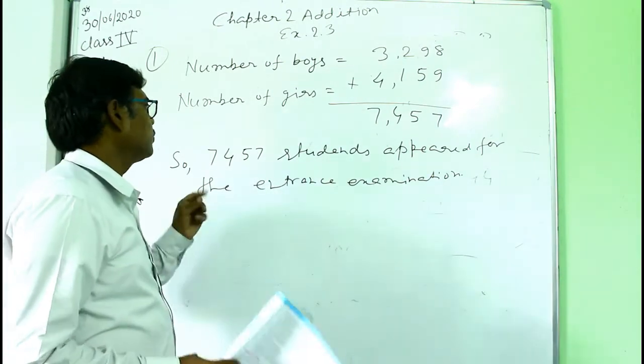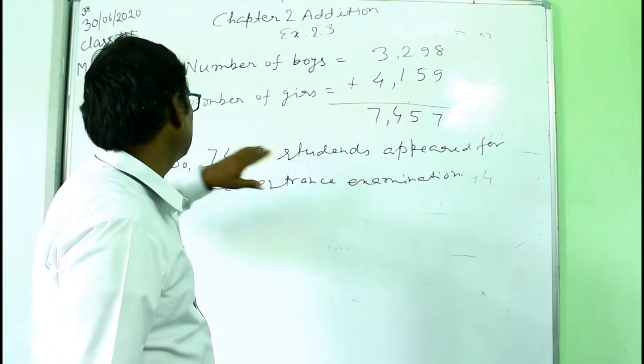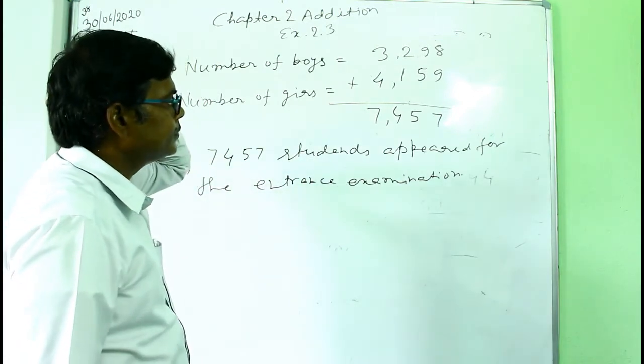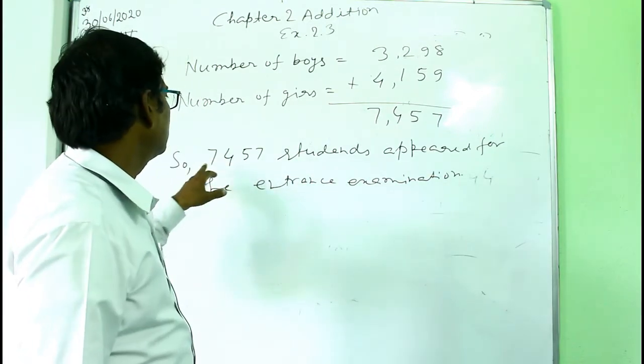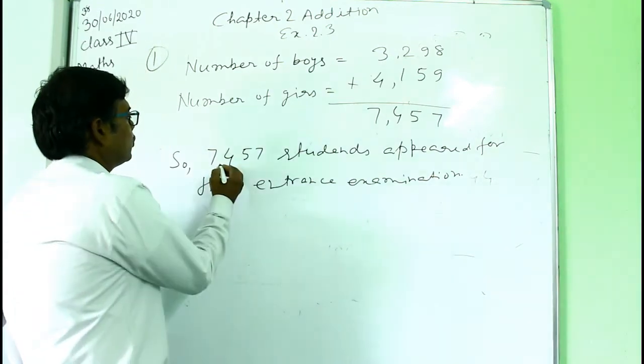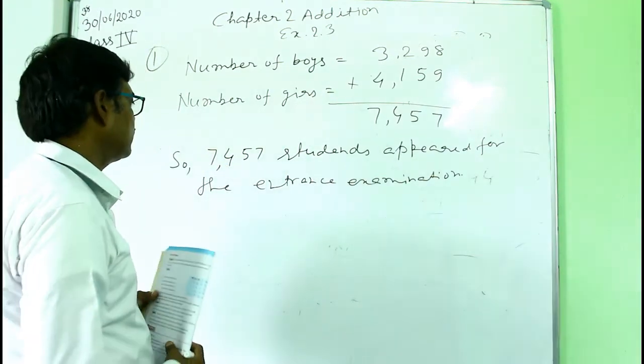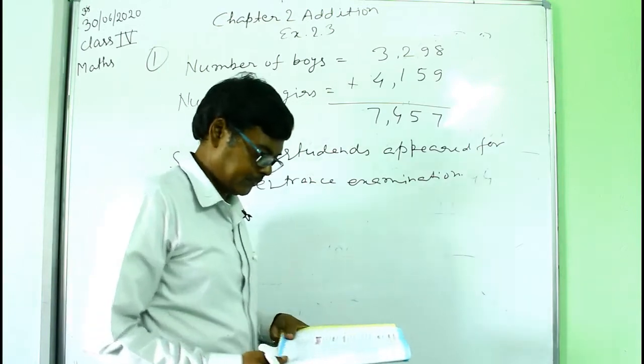Here you will add the numbers and then write the answer. So 7,457 students appeared for the entrance examination.